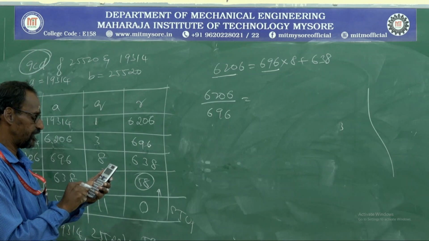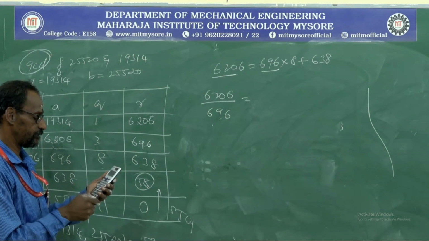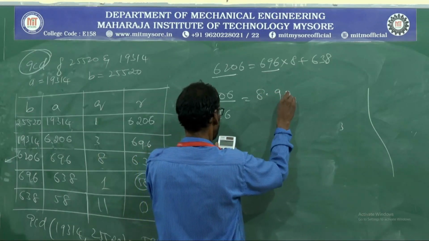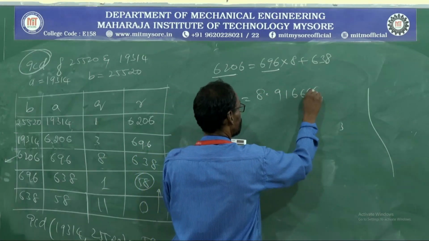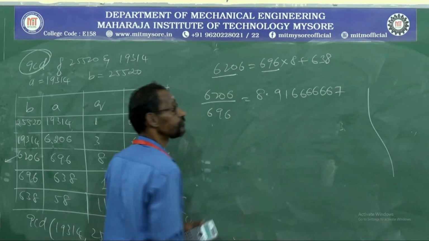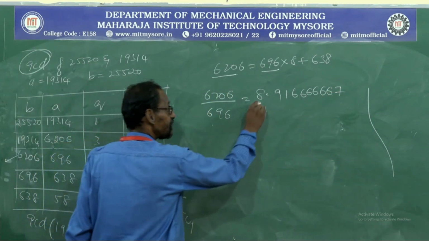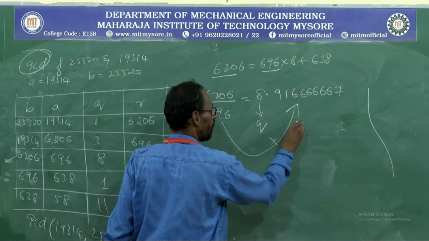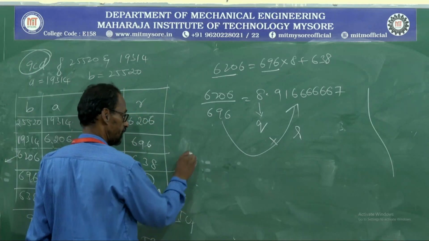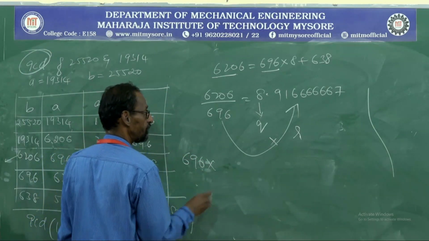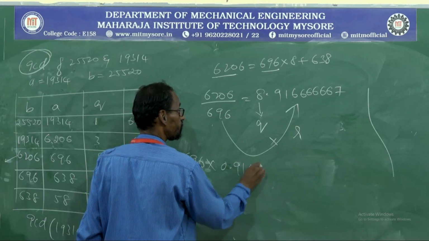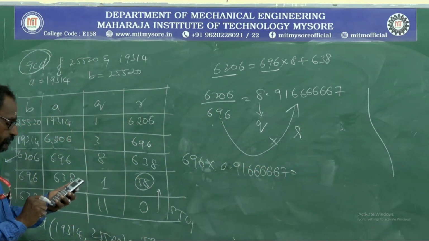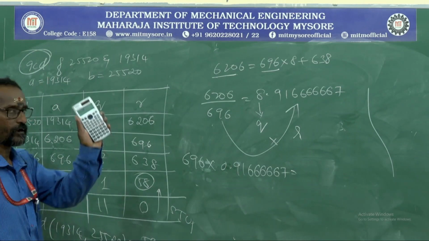I got 8.91666667. This itself is Q, and when you multiply, I am going to get the R: 696 multiplied by 0.91666667. Do it now. I got 638.